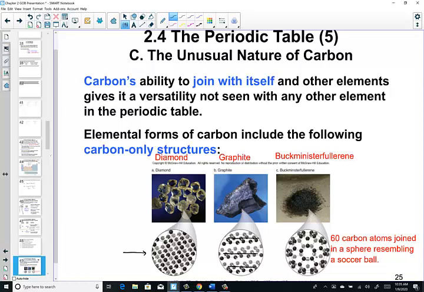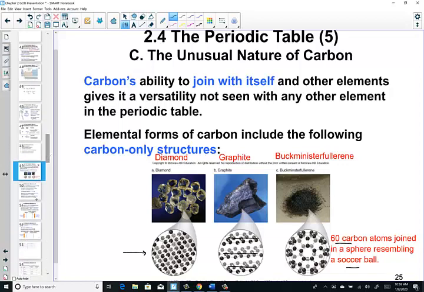And Buckminster fullerene looks like a soccer ball. You have these repeating patterns of 60 carbons joined in a sphere resembling a soccer ball. 3 naturally occurring allotropes, different forms of carbon-to-carbon bonds that lay the groundwork for all kinds of other molecules, known as naturally existing molecules. Organic chemistry lies in this field.